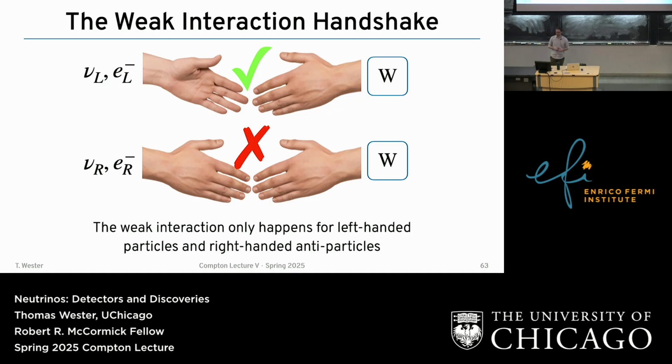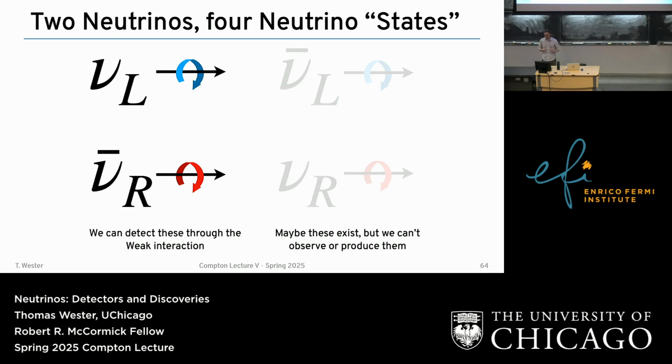This is crucial because what we're basically saying is that we have two neutrinos, but four neutrino states. But the two states on the right here, the antineutrino with a left spin and the neutrino with a right spin, would never be observed.